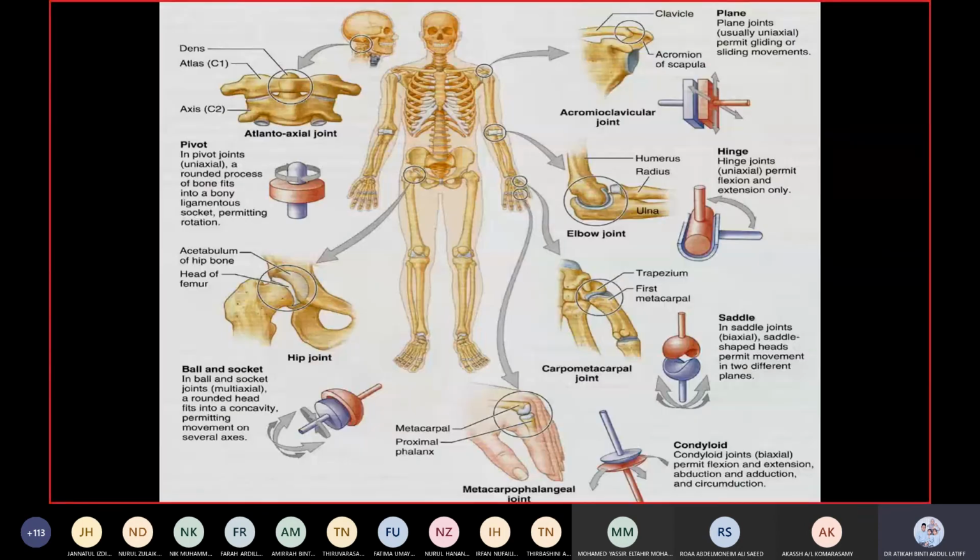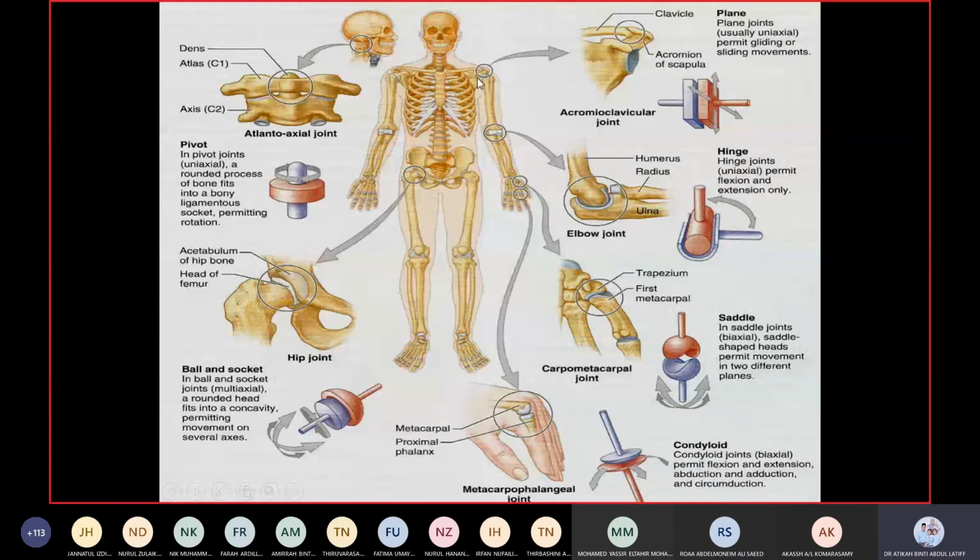Just to show you in a summary here, you have your atlantoaxial joint, which allows rotation movement only. It is a pivot joint, which allows uniaxial rotation movement.